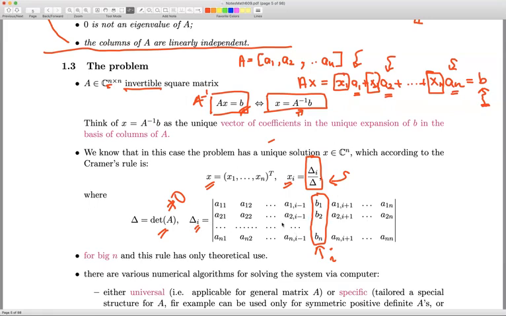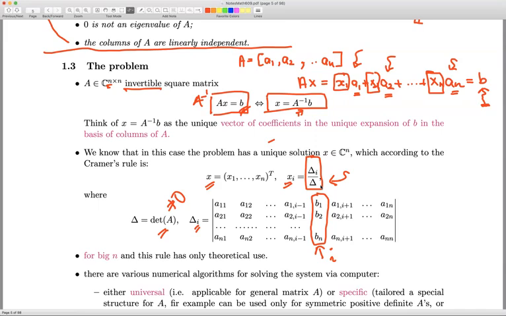We compute the determinant of this new matrix, which will be the number delta i. Then the ith coordinate of the unknown vector is just the ratio of these two numbers. Again, for big n and in computation, this rule is not used for various reasons, and it has only a theoretical use.